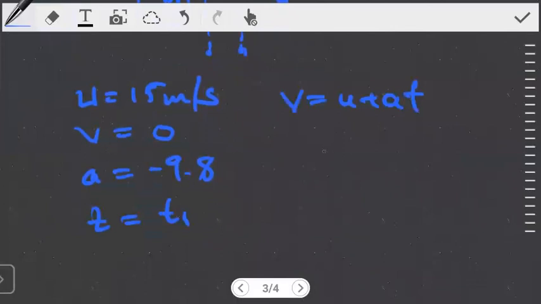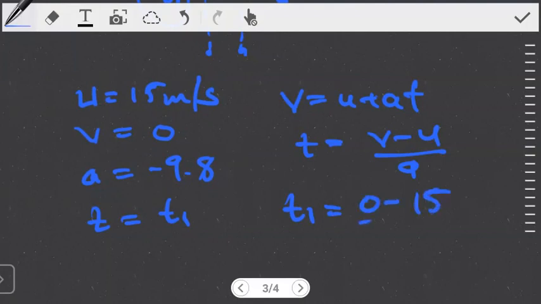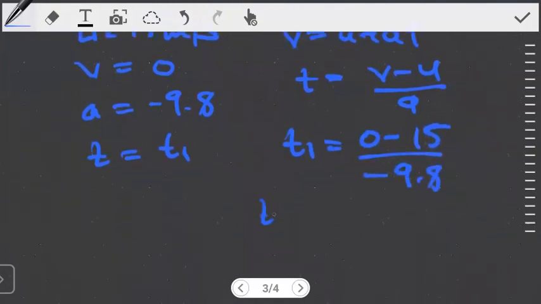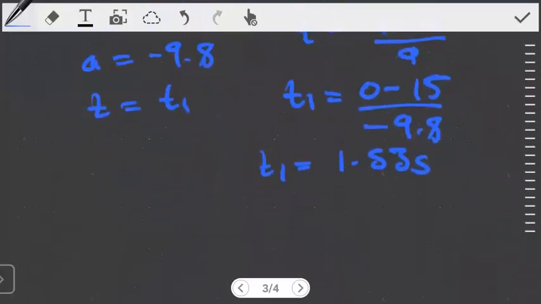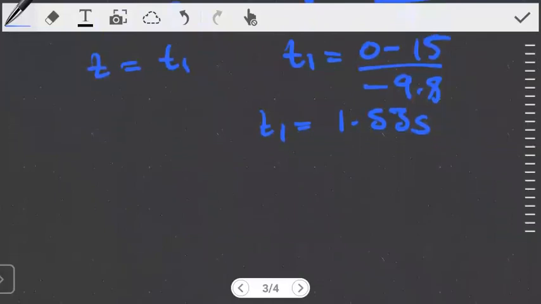So T is equal to final velocity minus initial velocity over acceleration, so T1 will be equal to the final velocity, 0, minus the initial velocity, 15, over negative 9.8. If we work this out, we quickly see that T1 comes out as 1.53 seconds.